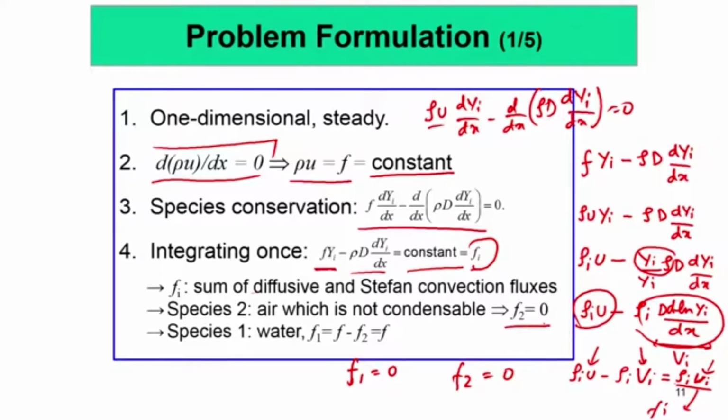So the species 1, which is essentially water, is given by f1 equal to f minus f2, because f is nothing but f1 plus f2. If f2 is equal to 0, then it becomes f1. So f is essentially equal to f1. So we can replace this fI, if it is 1, with f.